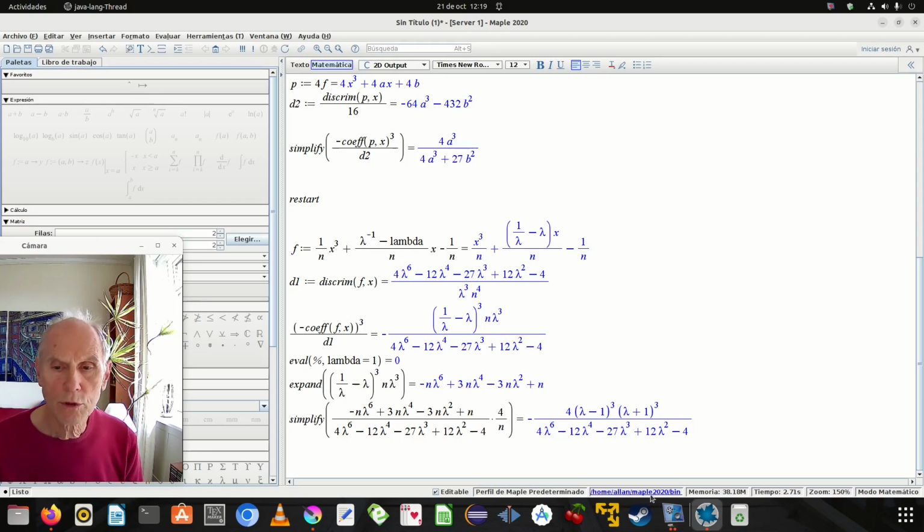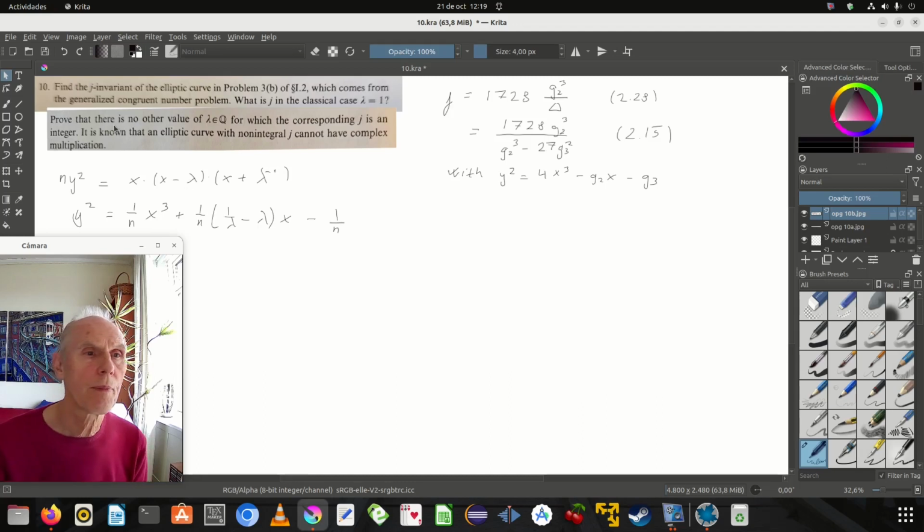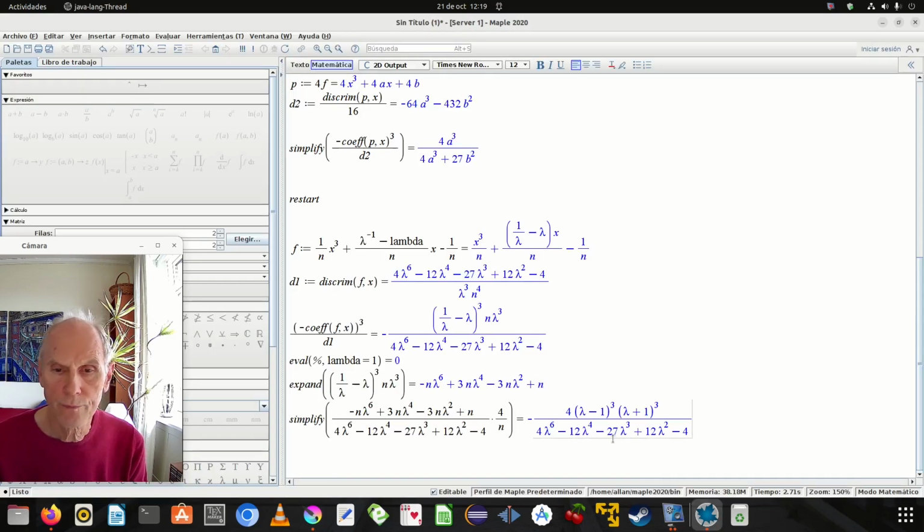I will make a pause while I copy that to the page. We have to show, so here the answer was naught. We have to prove that no other rational value gives integers. Well, actually minus 1 gives naught as well, according to this.